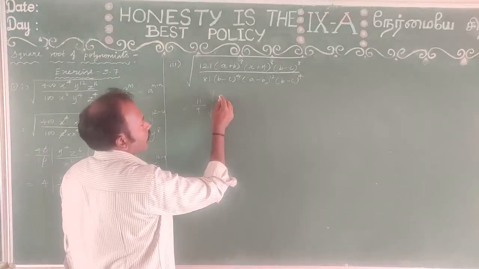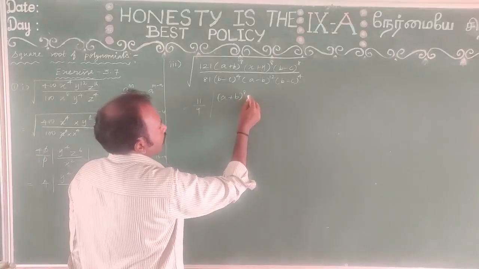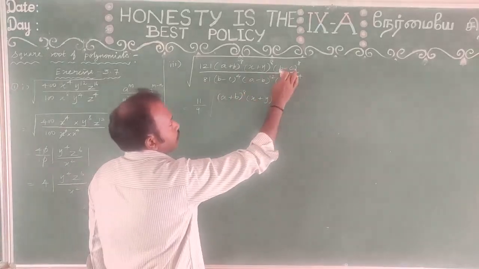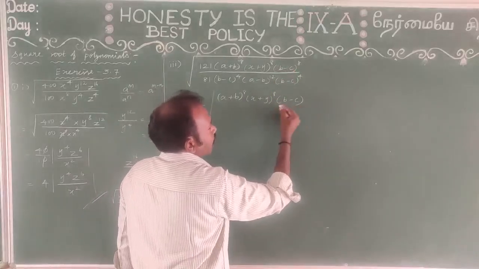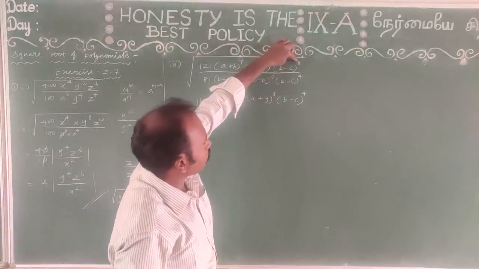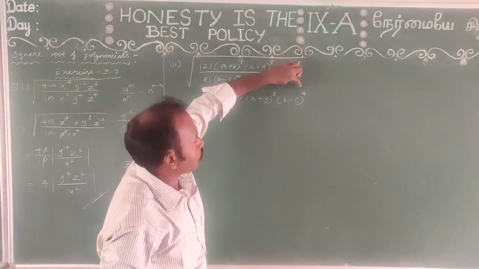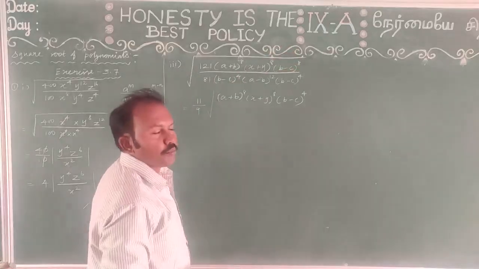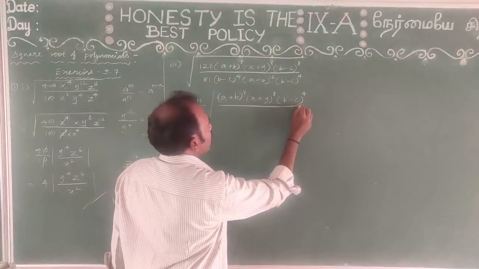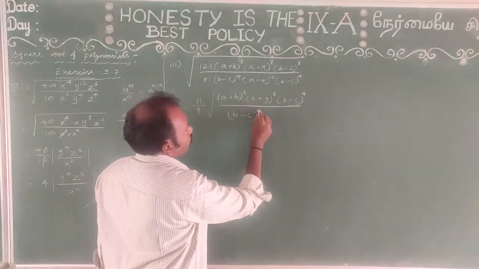Root of (a plus b) whole to the power 8 into (x plus y) whole to the power 8, then (b minus c) to the power 8 divided by (b minus c) to the power 4. 8 minus 4, we get (b minus c) to the power 4 divided by (b minus c) to the power 4.